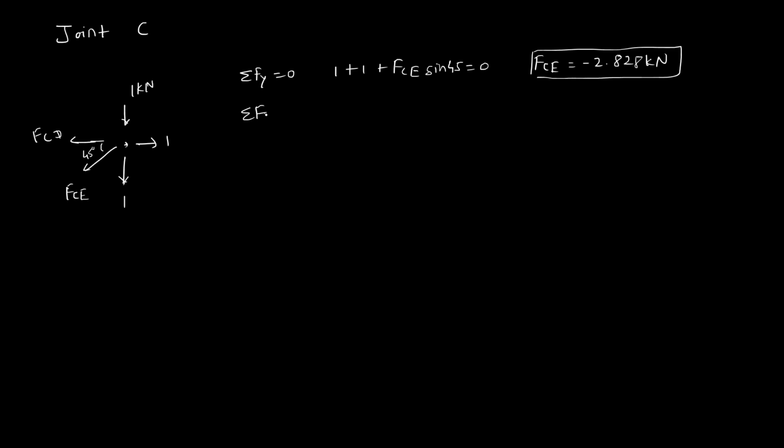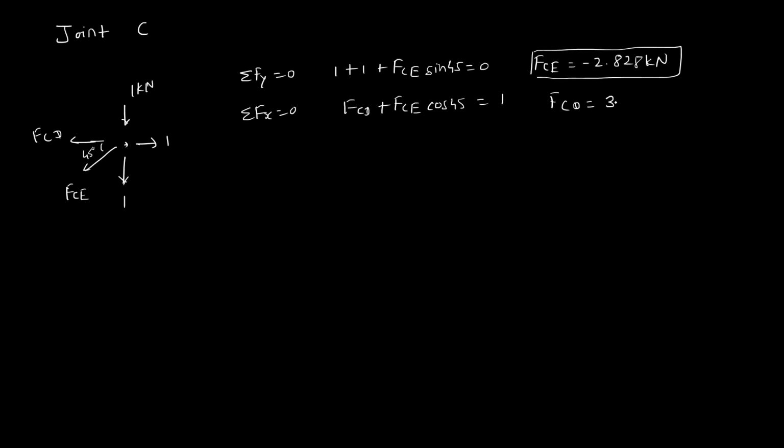Then sigma Fx is equal to 0 will give us FCD plus FCE cos 45 minus 1 is equal to 0. Okay, this should be 1 because that 1 is acting in the opposite direction. I have taken the next step directly.